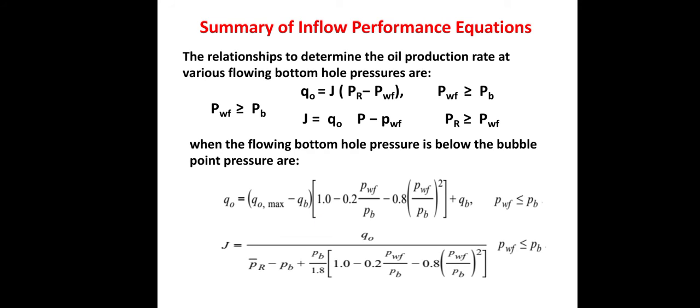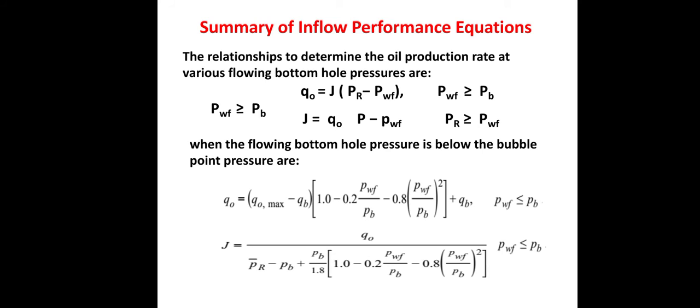So let's have a summary of the inflow performance equation. The relationships to determine the oil production rate at various flowing bottom hole pressures are as follows. The first one is Q naught equals J multiplied by the driving force, when the PWF is greater than the P bubble point.